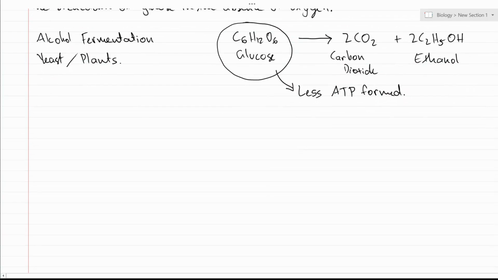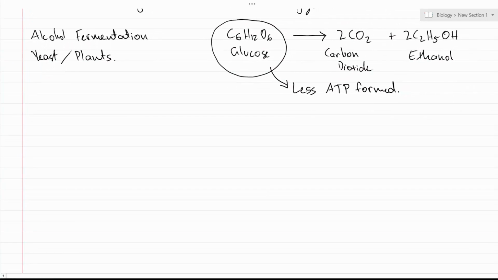If we have a look at our second type of fermentation, which relates to animals, we have lactic acid fermentation. So like I said, this occurs in animals, this occurs in humans.